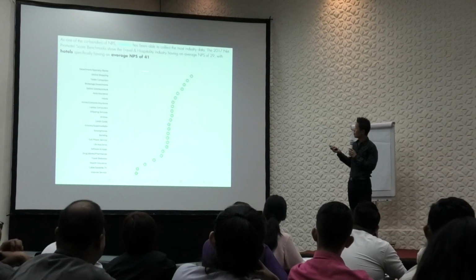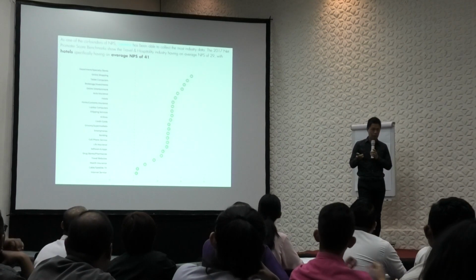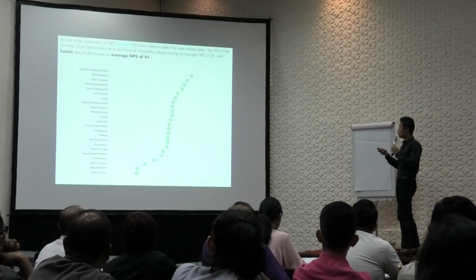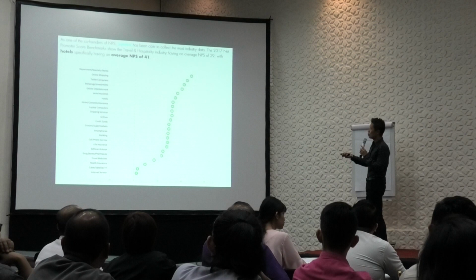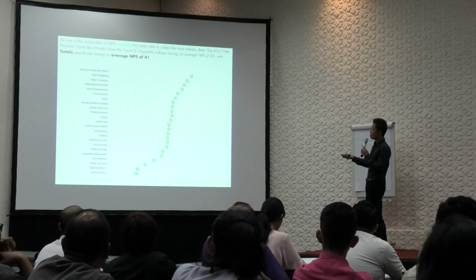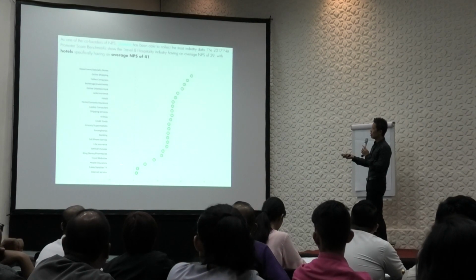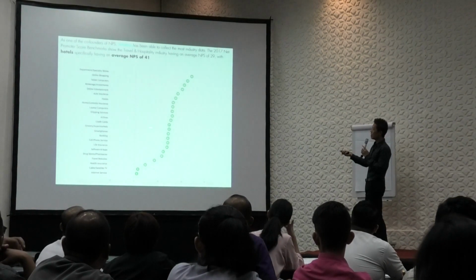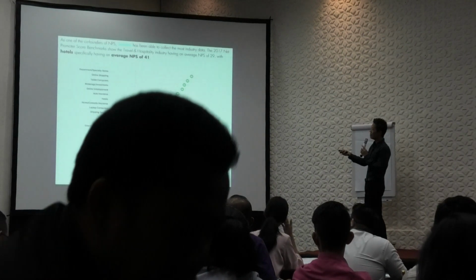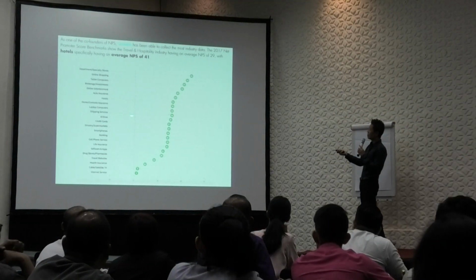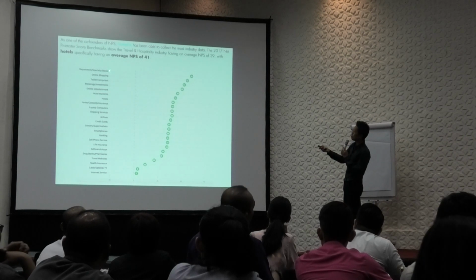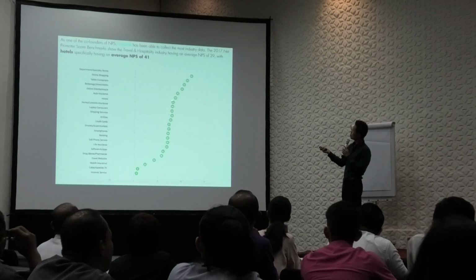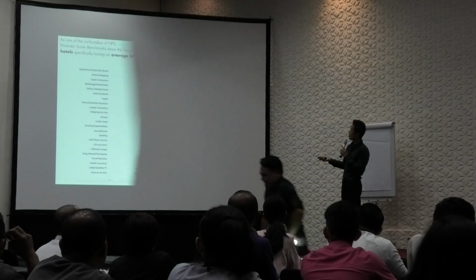Okay. So these are the average NPS scores per industry. For example, website, average NPS is 22. Banking, 35. Credit card company, 37. Airline, 38. The best one is department store, 60. Auto insurance, 43.